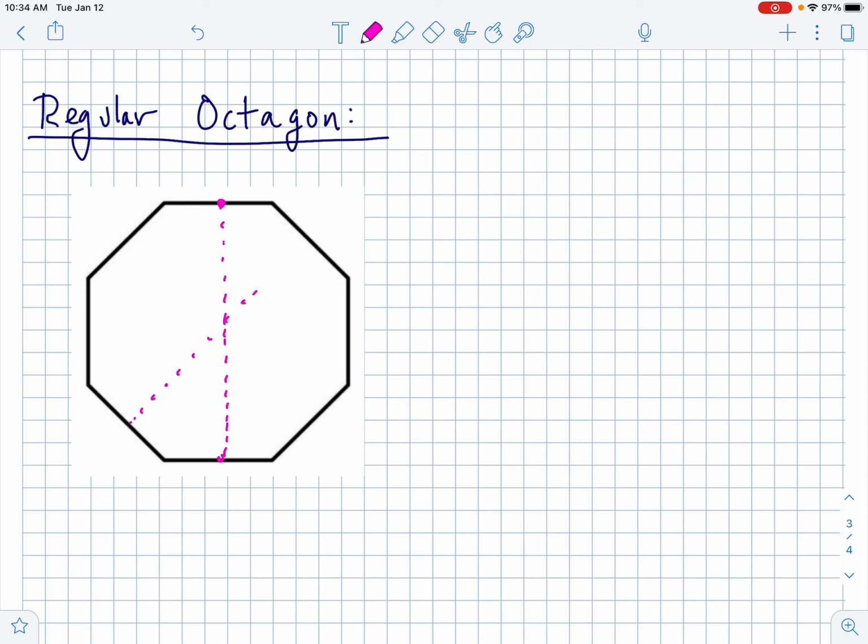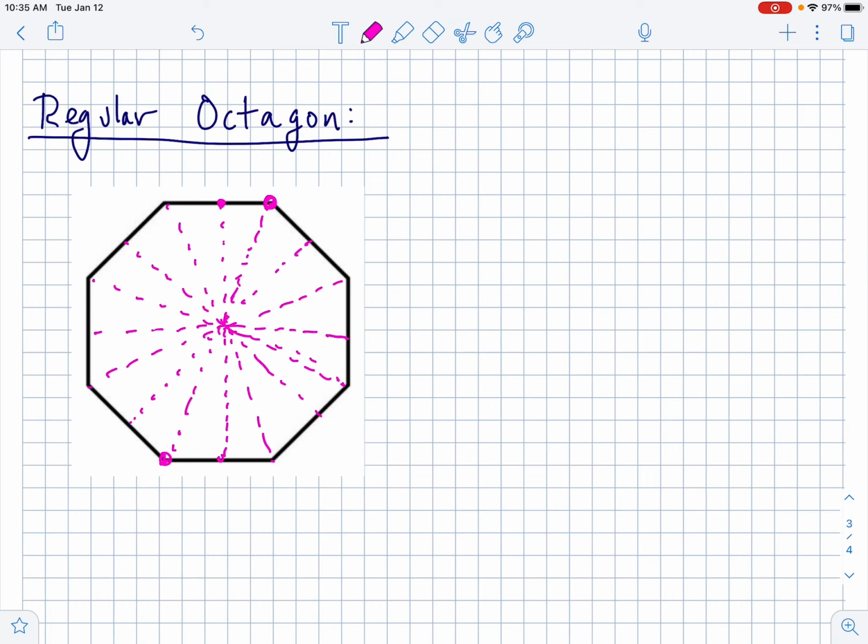Okay, let's see. Vertex or midpoint to midpoint. This is a line of symmetry, so I could connect all of those sides. So that's 1, 2, 3, 4. 4 of those. But similar to the hexagon, I can also connect vertex to vertex. So that's 5, 6, 7, 8.